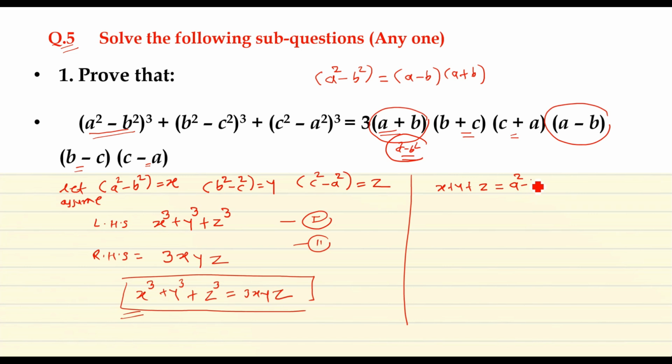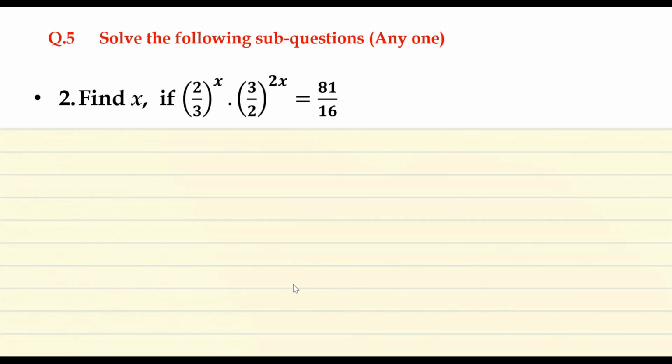This is a square minus b square plus b square minus c square plus c square minus a square. The a square gets cancelled, b square cancels, c square cancels. So all terms get cancelled, and therefore x plus y plus z is equal to 0. Now if you expand it, we can easily prove that the left hand side is equal to the right hand side.